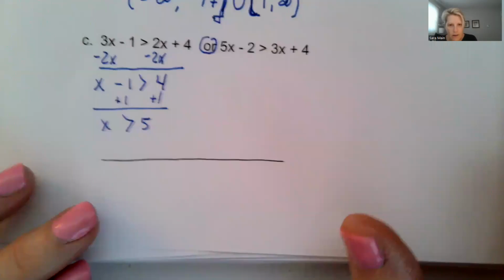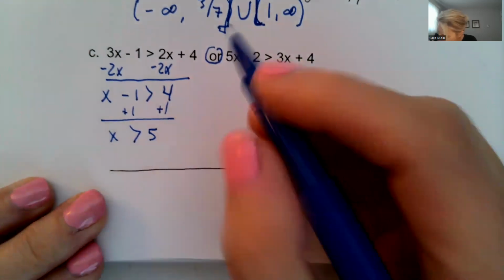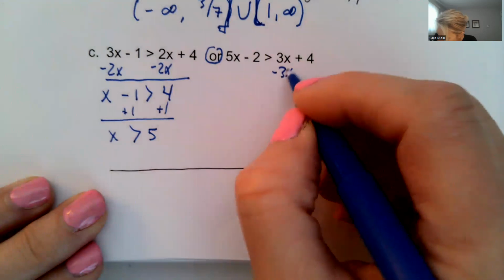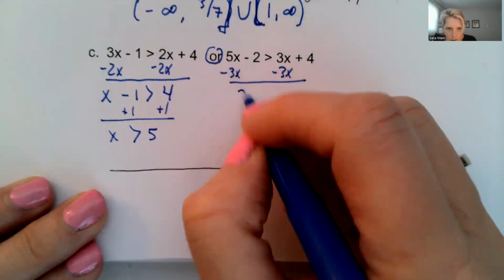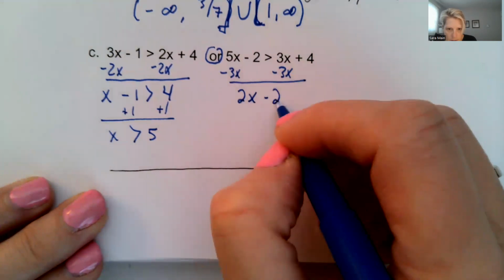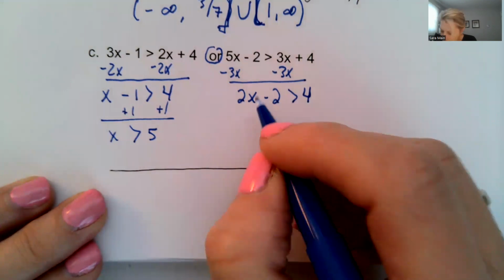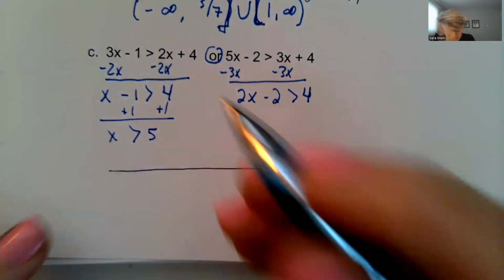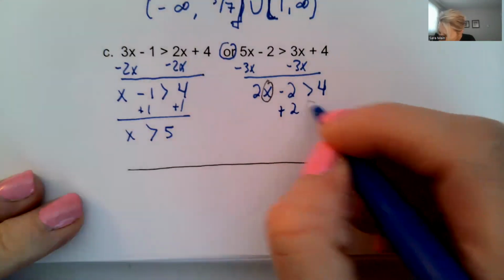Okay, so looking at the other inequality here, again, I'm going to move my x's to the left by subtracting 3x. That leaves us with 2x minus 2 greater than 4. And then to solve for x, I'm going to start by adding 2.